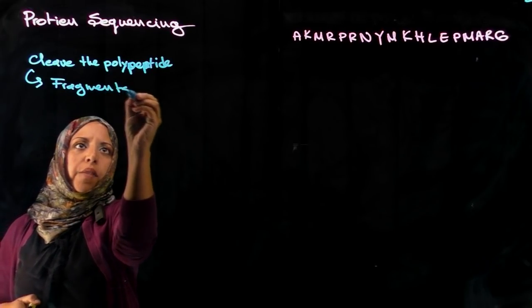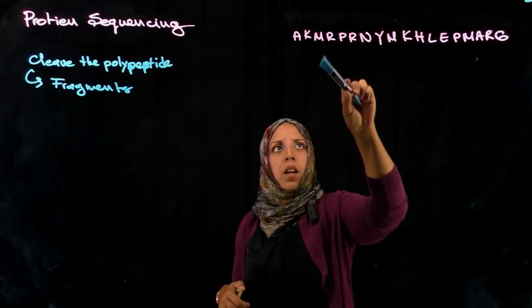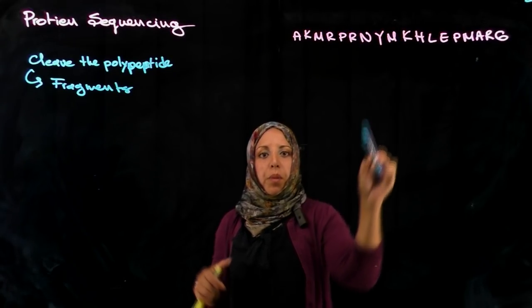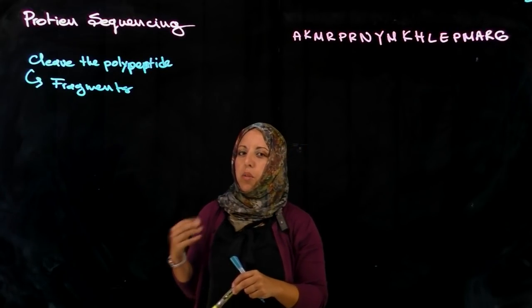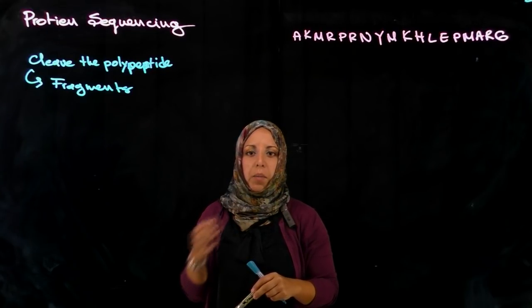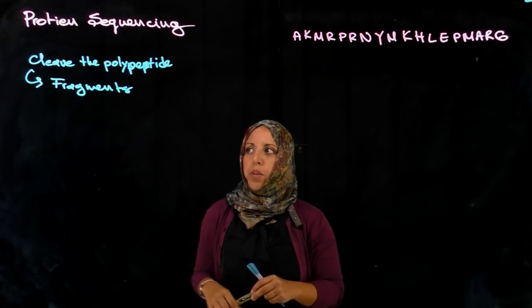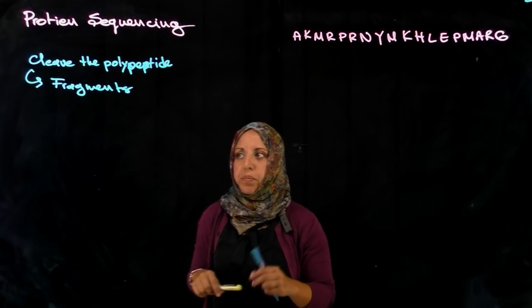And what fragments are, we're basically referring to the protein that has been cleaved at different peptide bonds to generate smaller peptide sequences or polypeptide sequences. So the very first step is to fragment it. And there are a number of different methods that can be used to fragment the peptide.